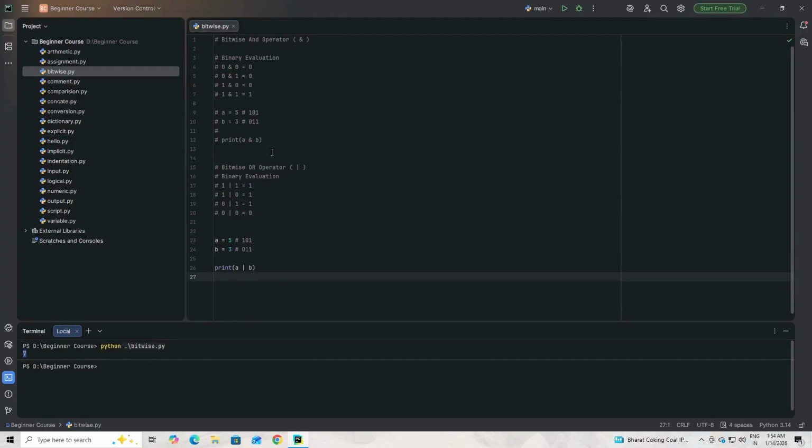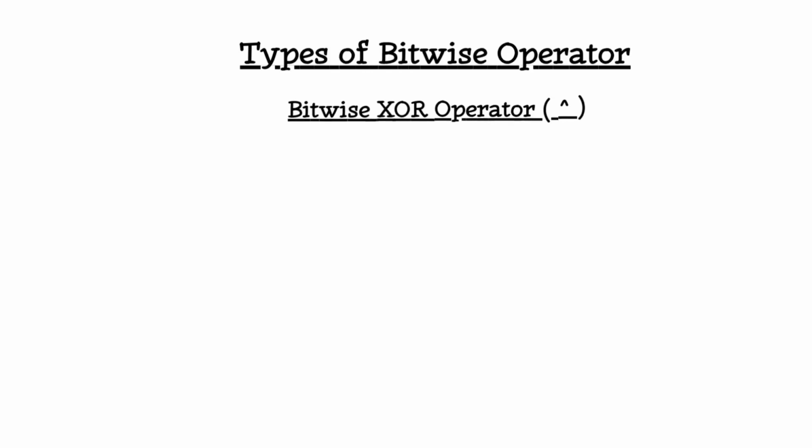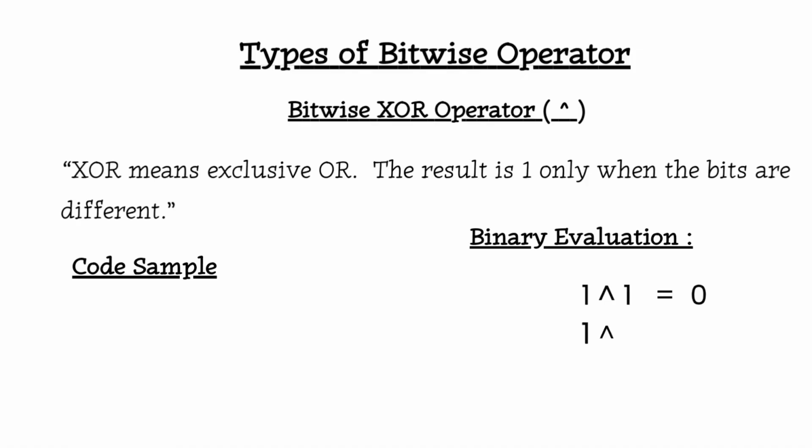So that's how the bitwise OR operator exactly works in Python, on the basis of this binary evaluation table, bit by bit. Let's right now see another important type of bitwise operator, that is the bitwise XOR operator. The bitwise XOR operator is a special type of operator in Python to operate with the bits.